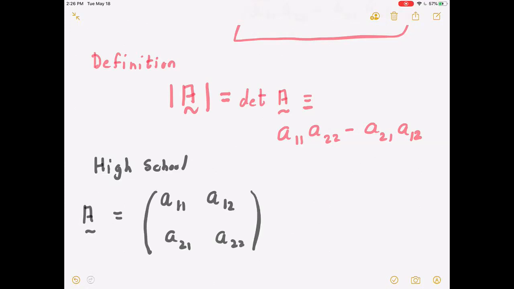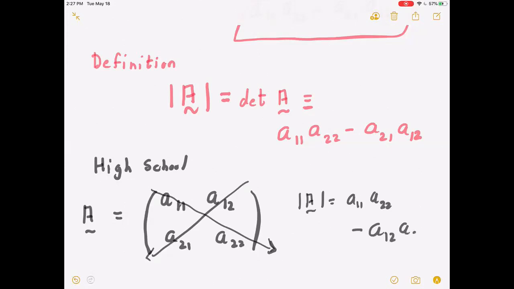The first subscript is the row index, second subscript is the column index. So you saw in high school that to calculate the determinant of this 2 by 2 matrix, all you do is multiply a sub 1, 1 times a sub 2, 2, according to this diagonal arrow, and you subtract from that a sub 1, 2 times a sub 2, 1.